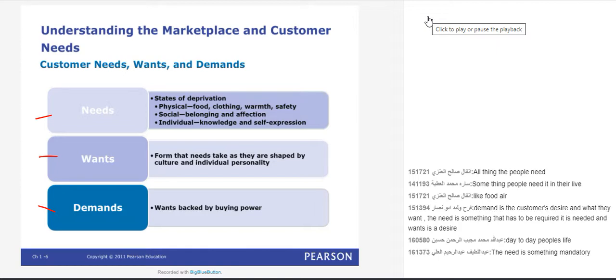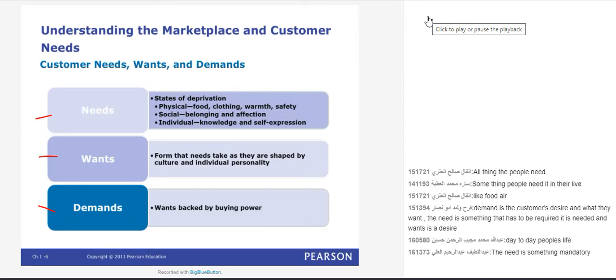So the need for air, the need for wearing clothes, the need to sleep, this is the need, something that any human being really needs. So it's like a state of deprivation.